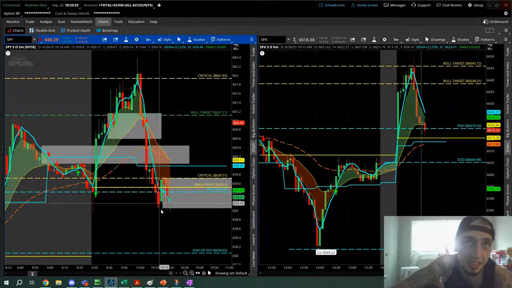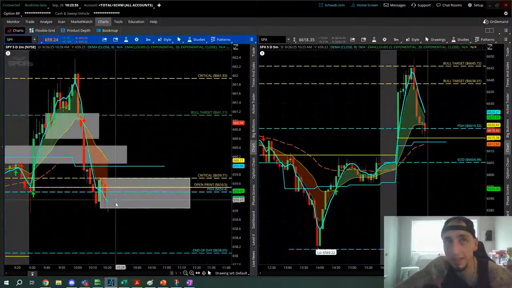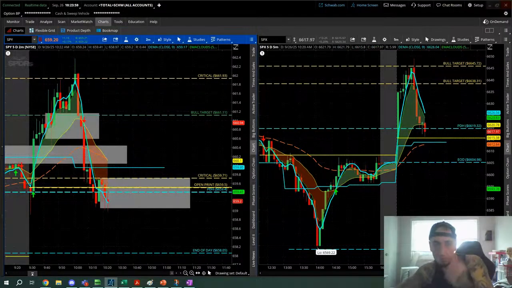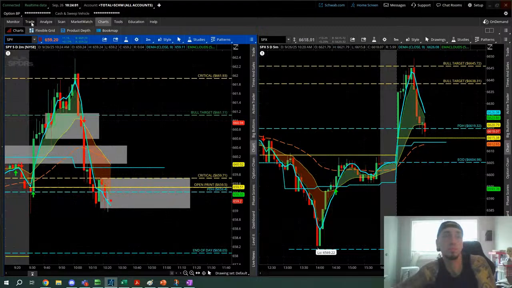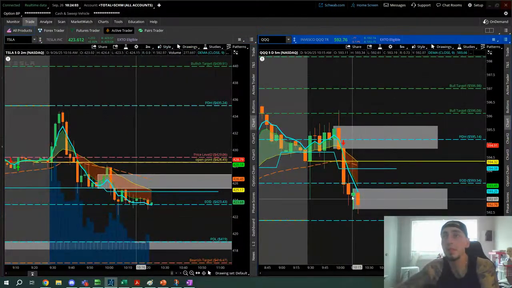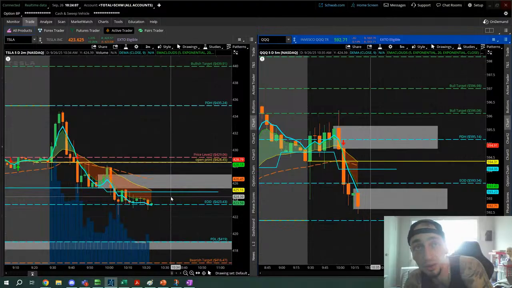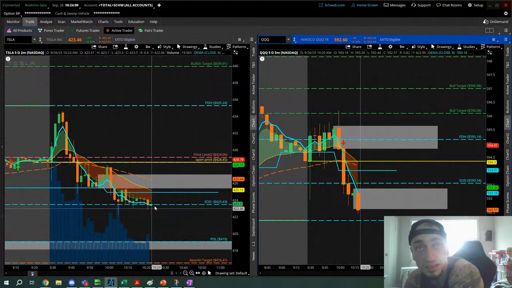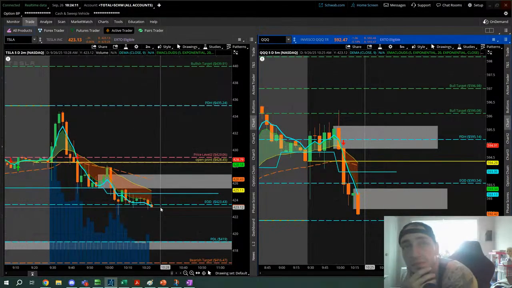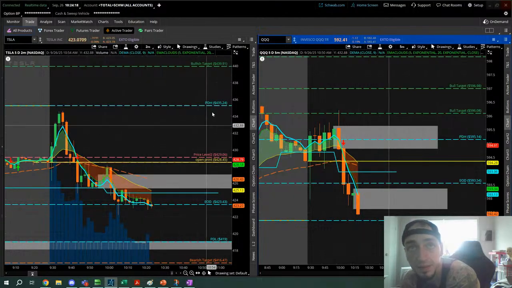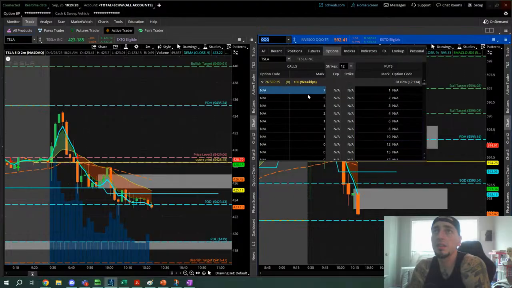Okay. I want to see here how sellers hold this gray box. Tesla's not letting go of end of day. There it goes. Kind of. I'm interested here.